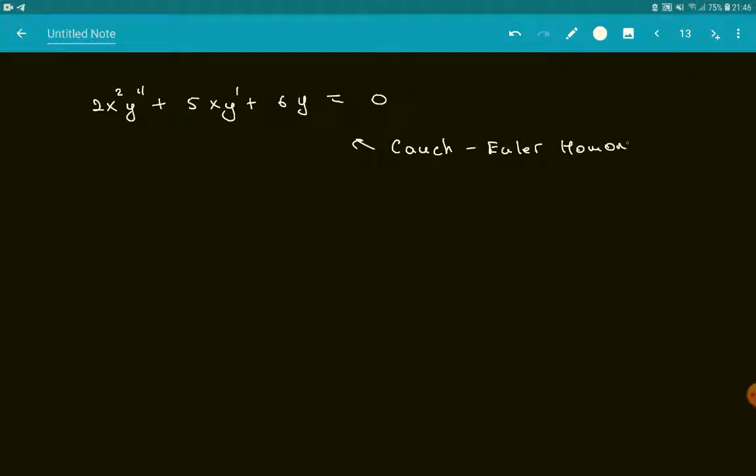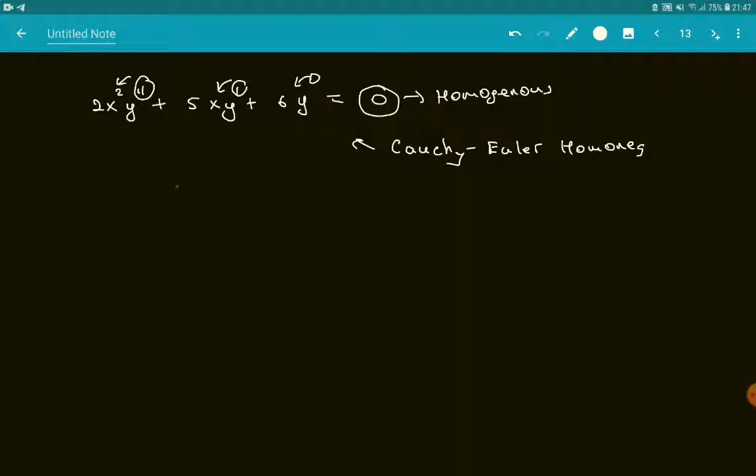There are two cases. First of all, this is equal to 0, which means it is homogeneous. The other thing is it is the Cauchy-Euler method, because there is a double prime with x squared, there is a prime with x, and this has no prime, so there is no x, or like x is equal to 1, I can say.